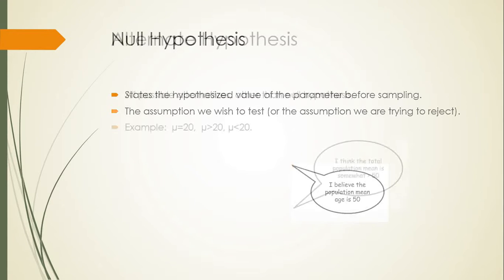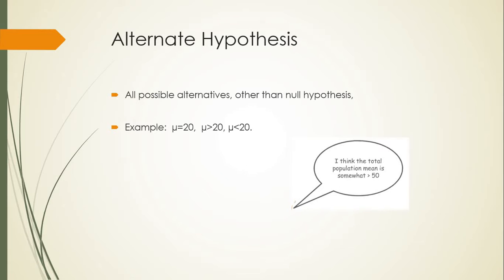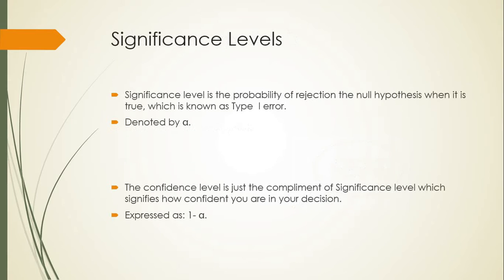That is the null hypothesis. What is the alternate hypothesis? All possible alternatives other than the null hypothesis are called the alternate hypothesis. Suppose mu is 20, or mu can be greater than 20, or mu can be less than 20. So what Tom thinks, that the total population mean is somewhat more than 50, is the alternate hypothesis that he takes.